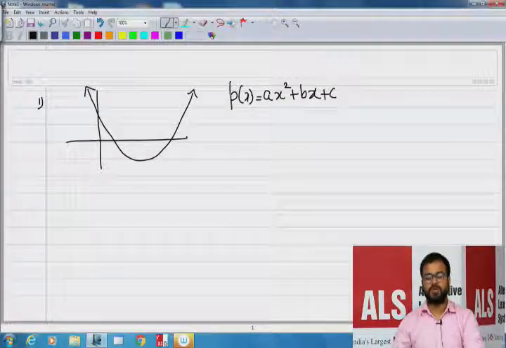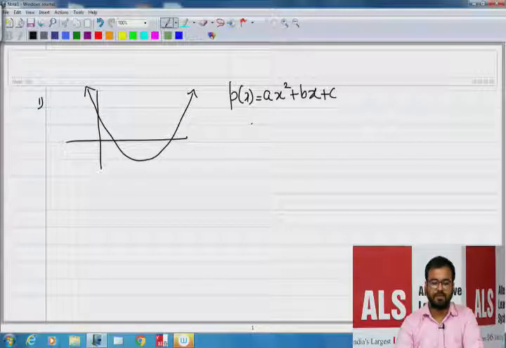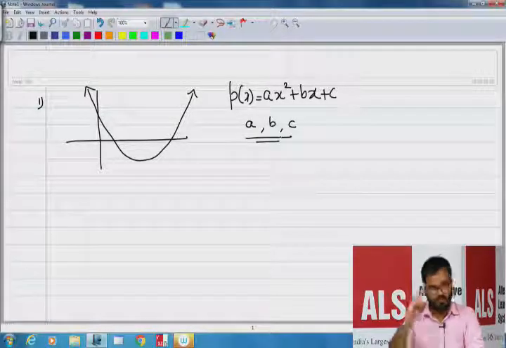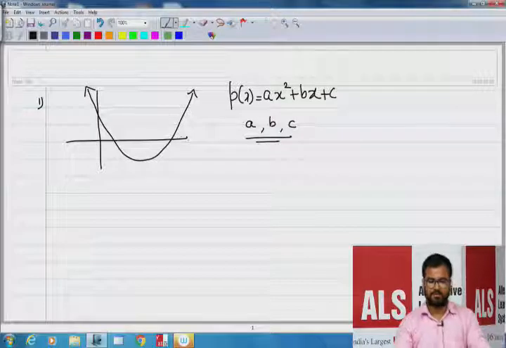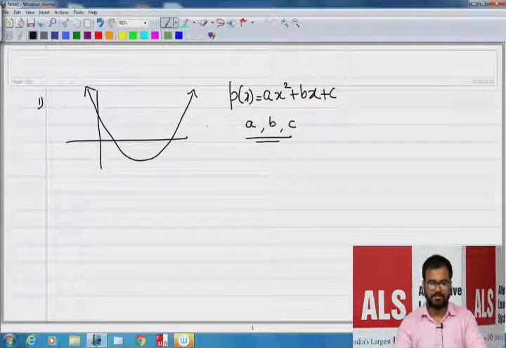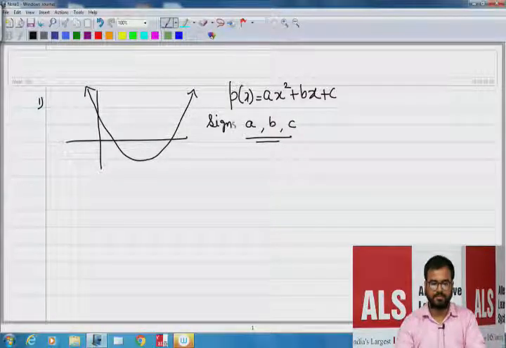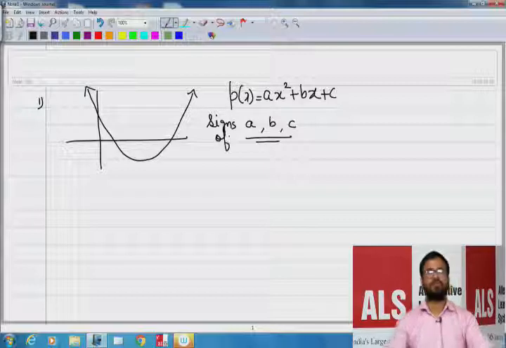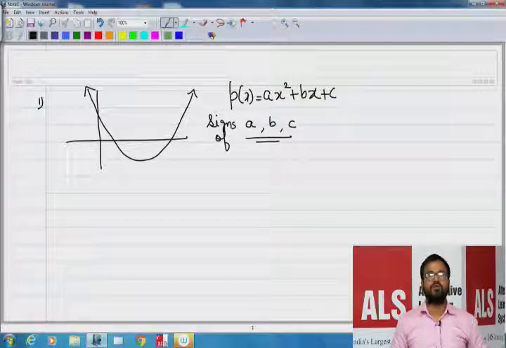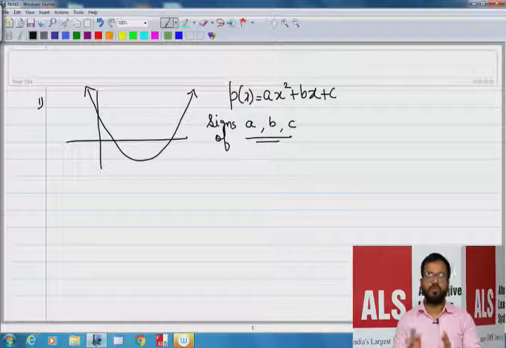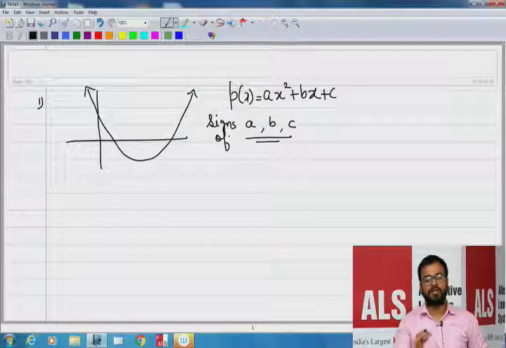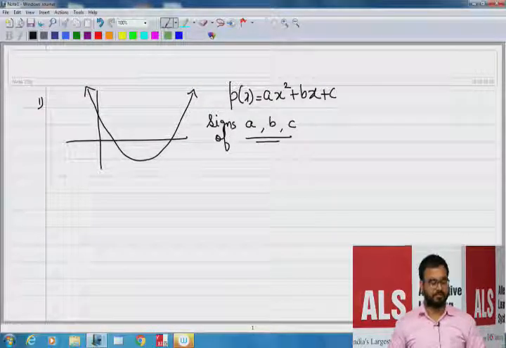You have to tell me what the signs of a, b, c are. That means you have to figure out whether a is positive or negative, b is positive or negative, and c is positive or negative.